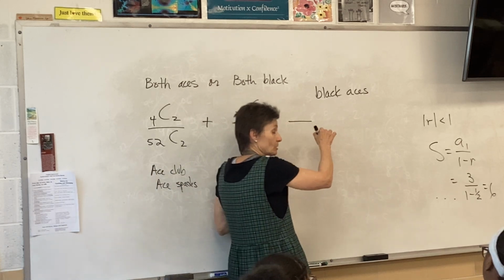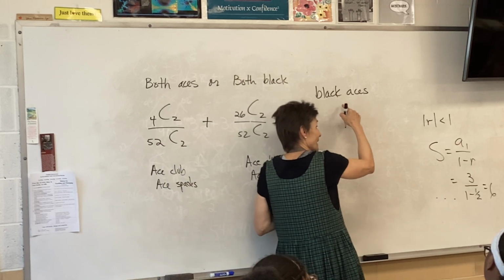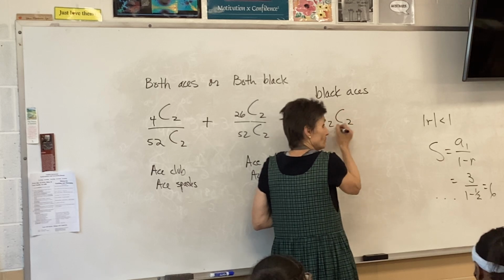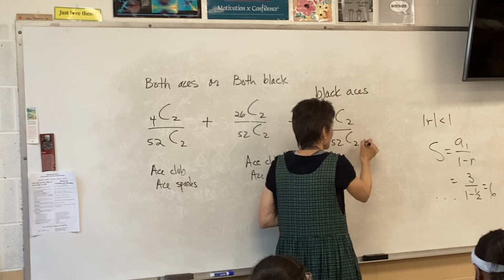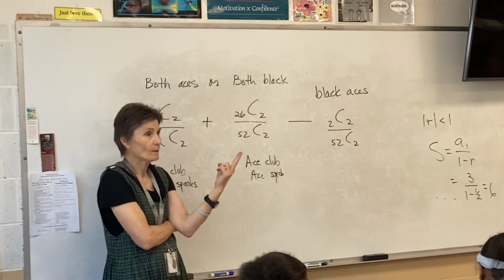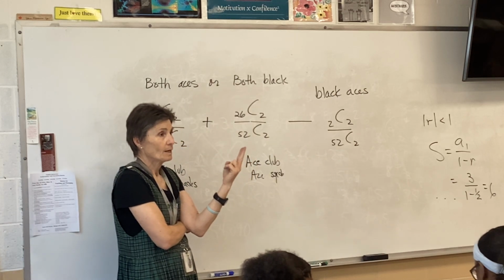So what would that look like? 2 black aces: 2C2 over 52C2. Because if you want 2 black aces, aren't there just 2 to start with? And you're going to pick them both.